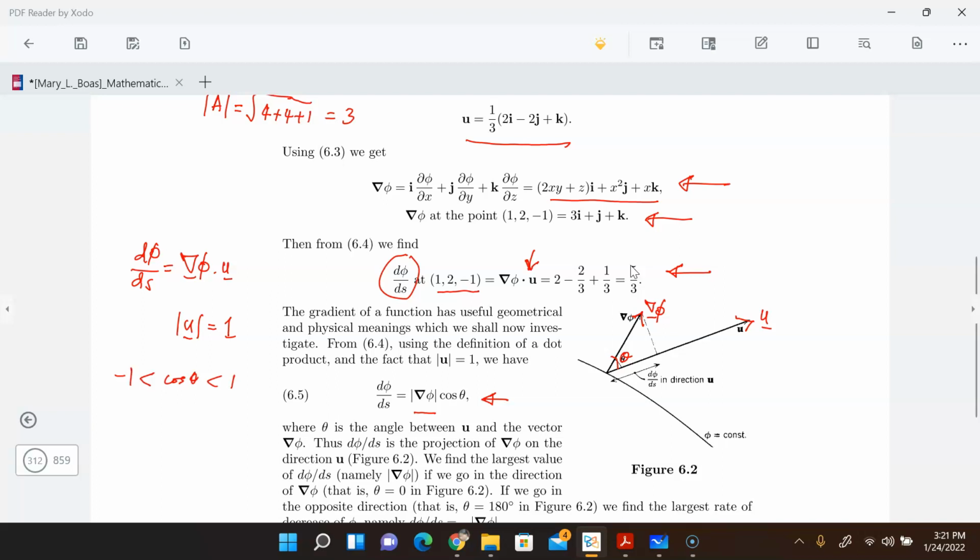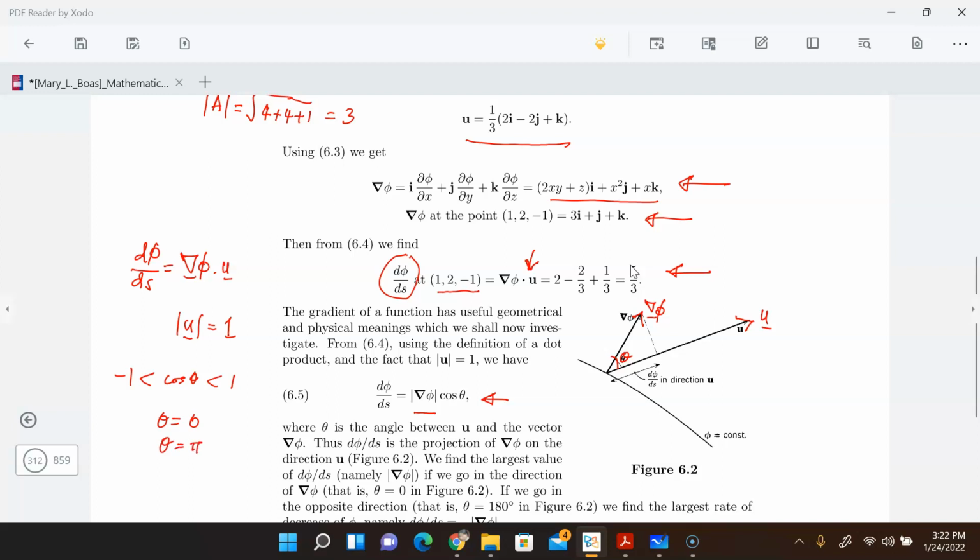So if you want to make it the largest, then you take theta equals 0. And if we want to make it the most negative, then theta equals pi.